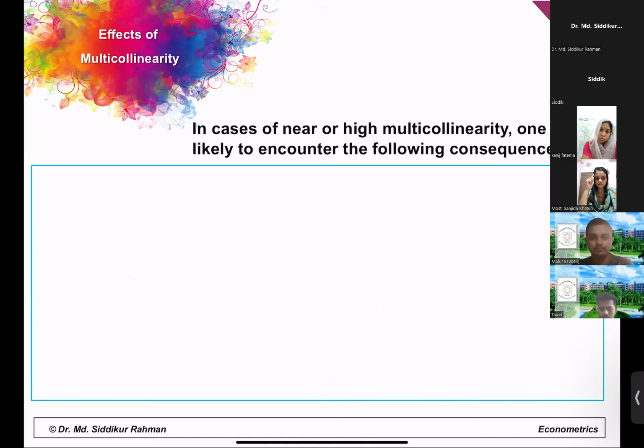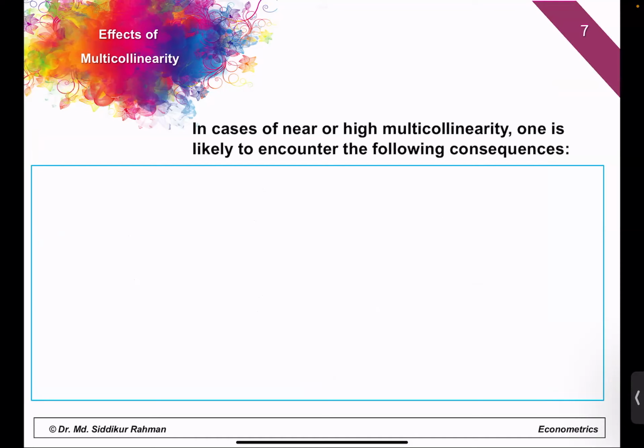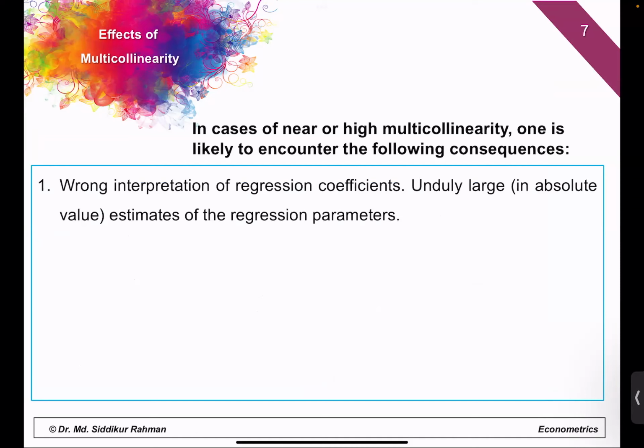So what are the consequences? Suppose you have a multicollinearity problem in your data set, what consequences might you have in your data analysis or modeling? I already told you many consequences, like wrong interpretation of the regression coefficient, right? Sometimes the regression parameter might be illogically large, which is not supposed to be so large.